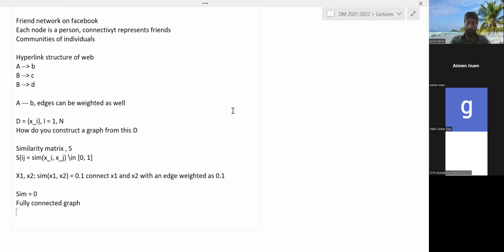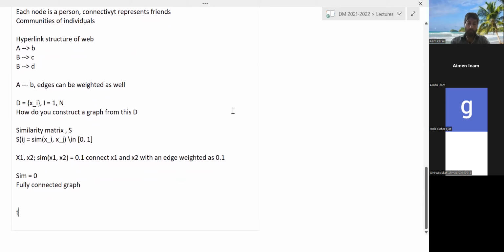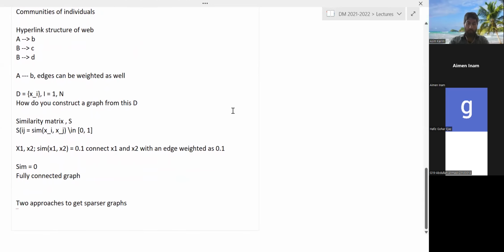So how do we get sparser graphs from similarity matrices? There are actually two approaches. The first approach is, of course, to threshold the similarity.